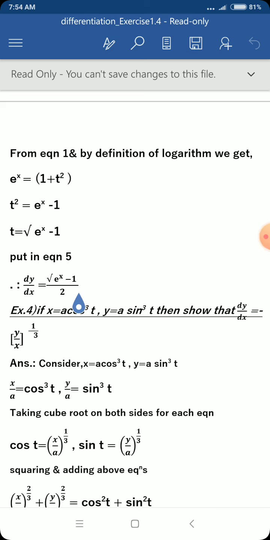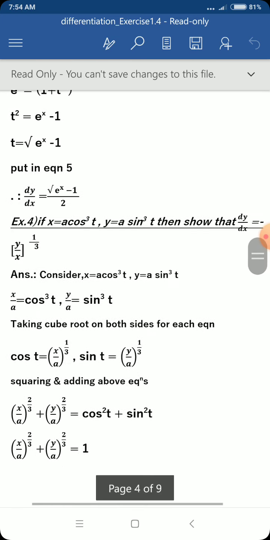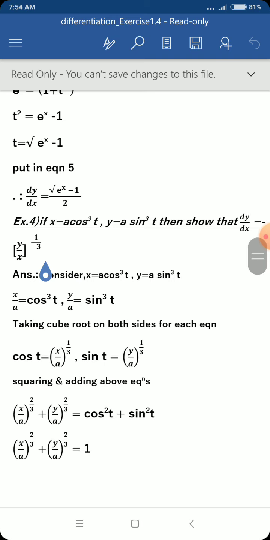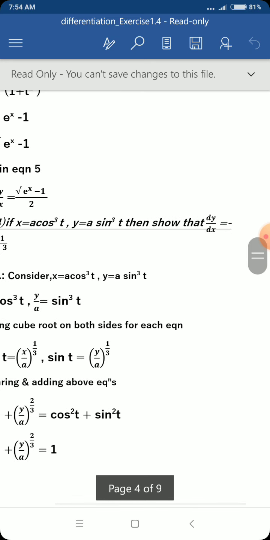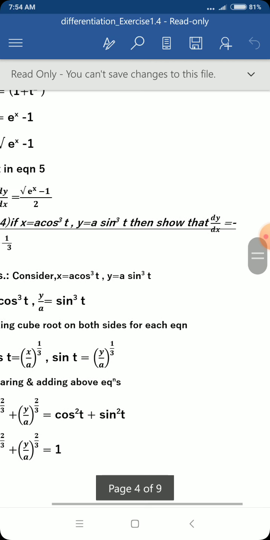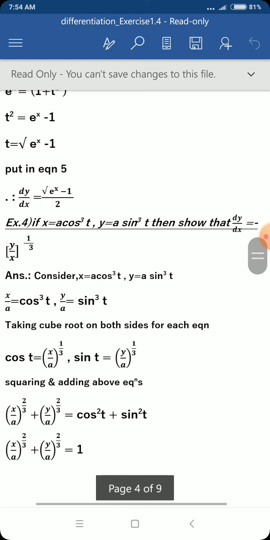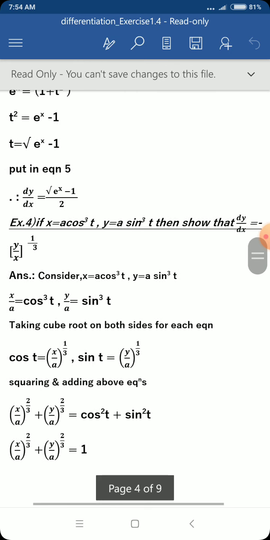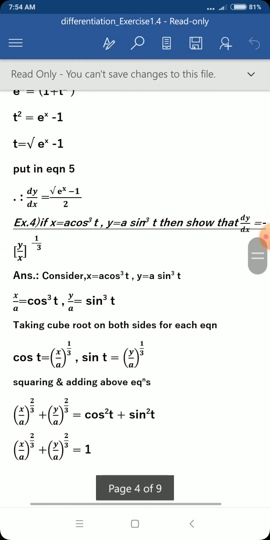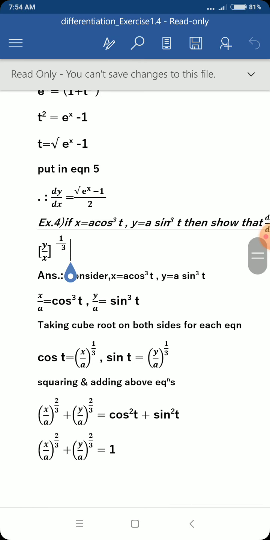Now, the second example for this method is: if x is equal to a cos cube t and y is equal to a sin cube t, then show that dy upon dx is equal to minus in bracket y upon x bracket raised to 1 by 3.